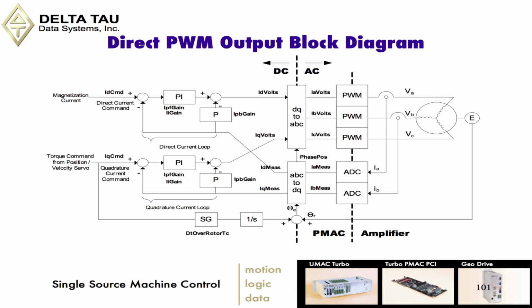Then the commands that send the torque commands out are turned into the PWM values that spin the motor, controlling the PWM. These are the current feedback devices, and then there are transistors somewhere in this section that these PWM signals are controlling.